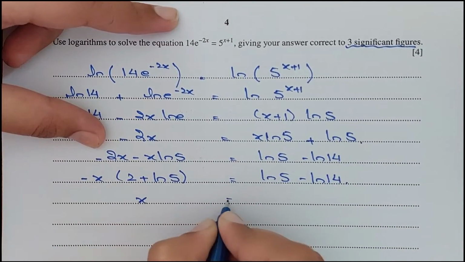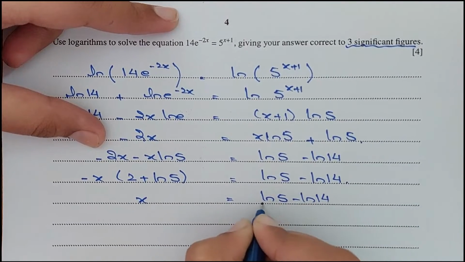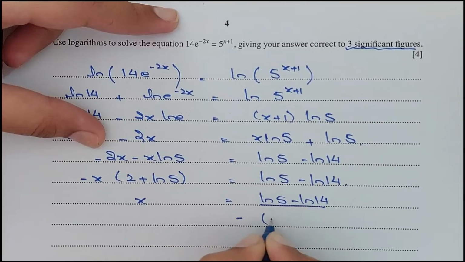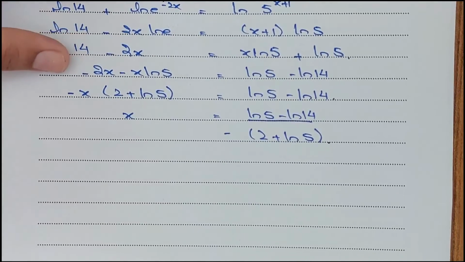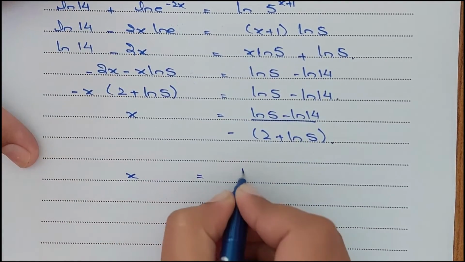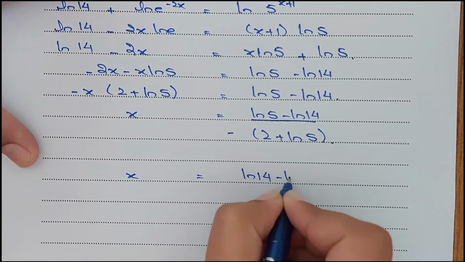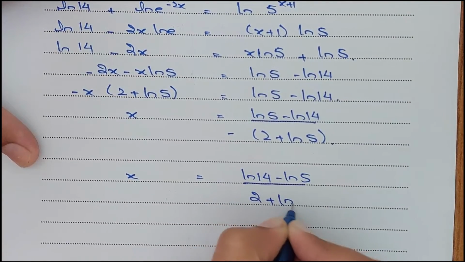So x equals (ln 5 minus ln 14) divided by minus (2 plus ln 5). Let me take the negative sign common from the numerator and cancel it. So we have (ln 14 minus ln 5) divided by (2 plus ln 5).